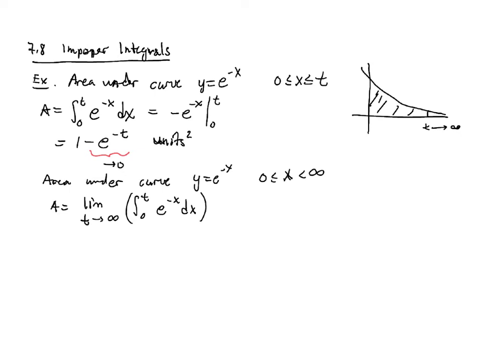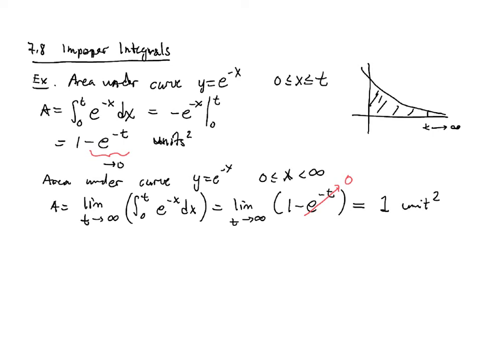Specifically, the limit of the area that we computed above. So this would be the limit as t goes to infinity of 1 minus e to the minus t, which, because the factor of e to the minus t has a limit of 0 as t goes to infinity, we get that the area is 1 unit squared.